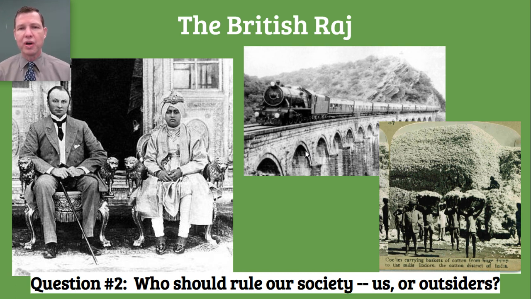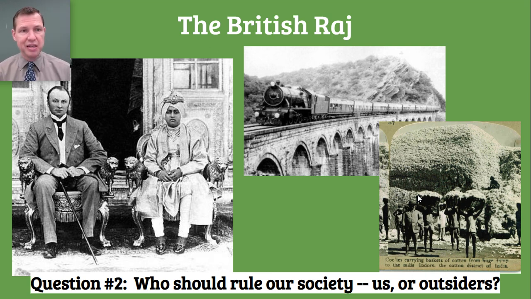It was to help export raw materials out of the interior of India to the coast so they could then be sent off to Britain. So the British did make huge investments in India, but in the end, the basic view of India was that it was a resource for Britain to be exploited, both in terms of its raw materials and in terms of its market.